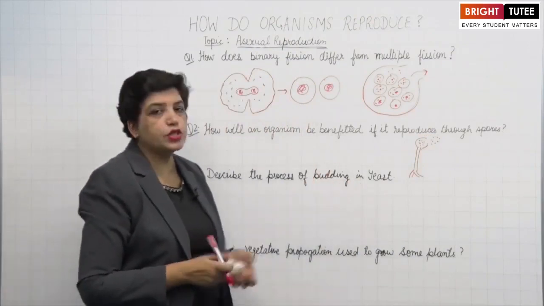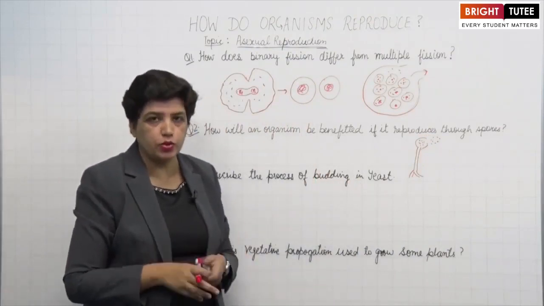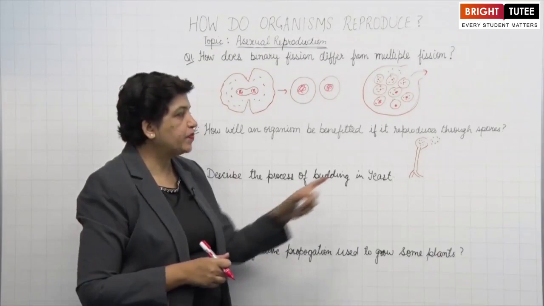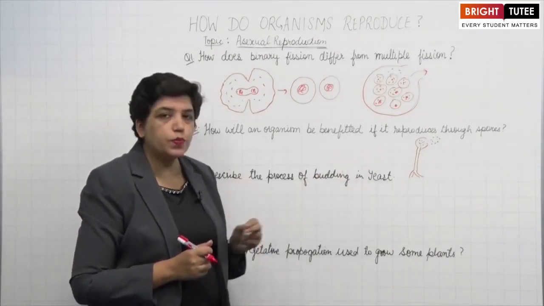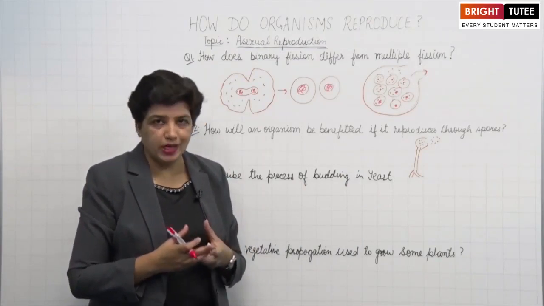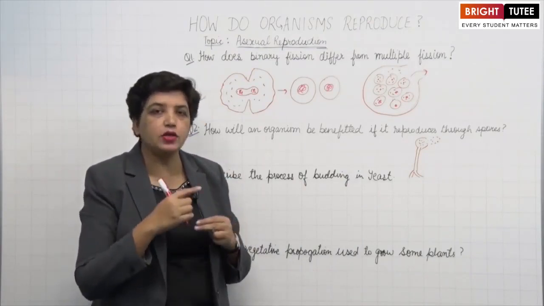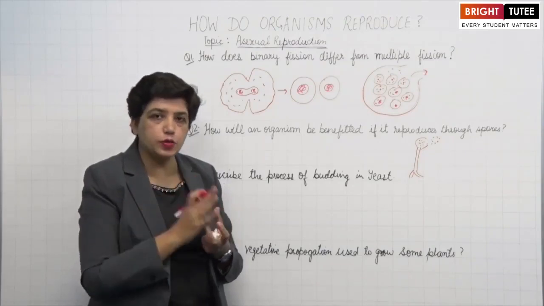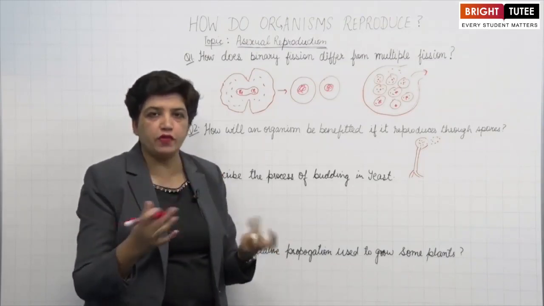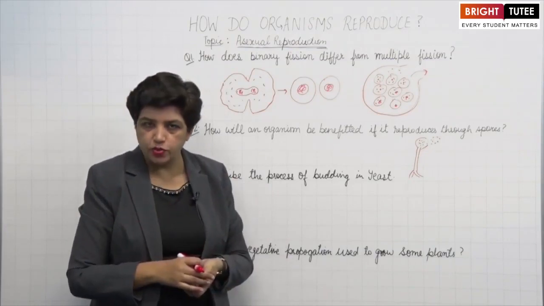So what are the benefits to these organisms which are reproducing through spores? Firstly, this is the most important benefit. The spores can bear the unfavorable conditions because they have a hard covering around it, which is called a cyst. It protects the spores, and whenever conditions are favorable, these spores can reproduce.